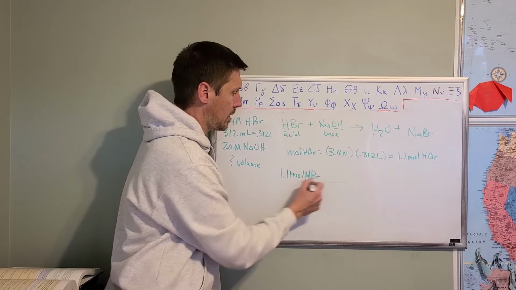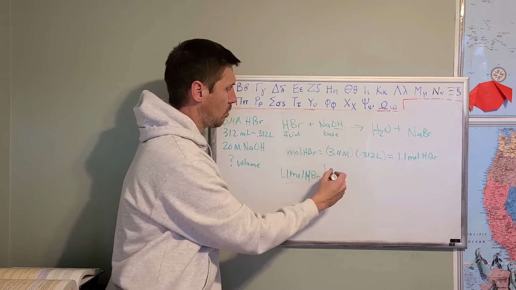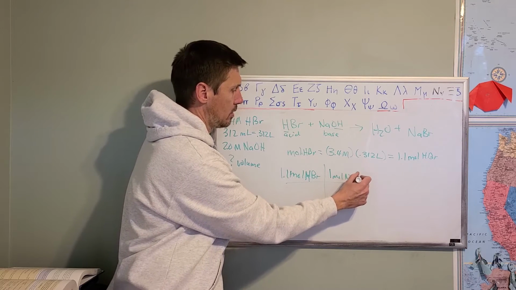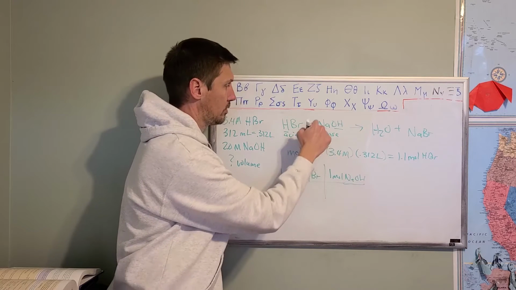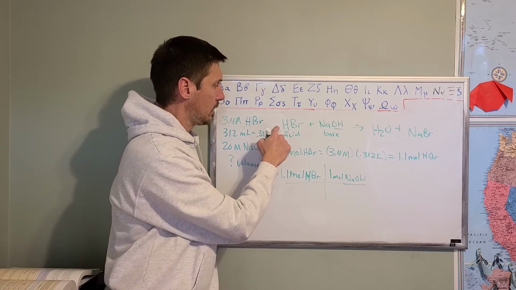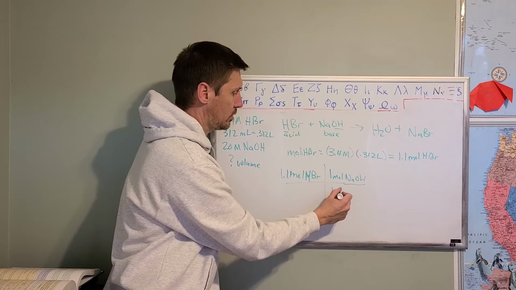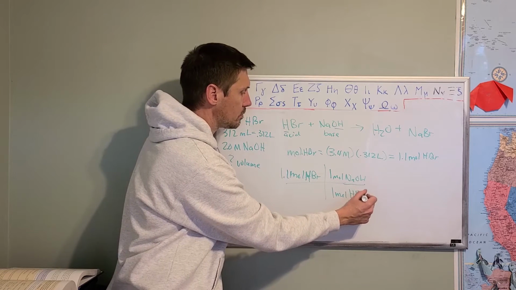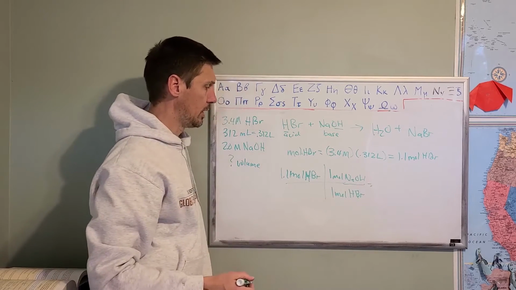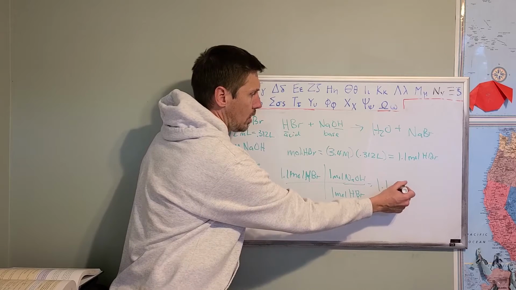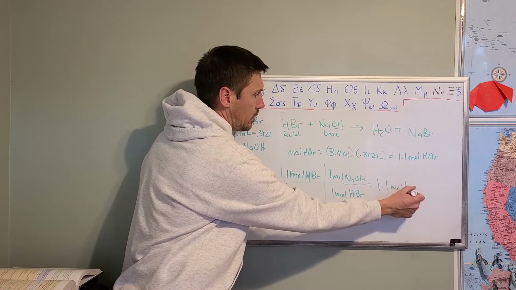We know that 1 mole of NaOH, because of the understood 1 in front of that compound, is equal to 1 mole, the understood mole number in front of HBr. So there's a 1-to-1 relationship. So if we have 1.1 moles of HBr, we need 1.1 moles of NaOH.